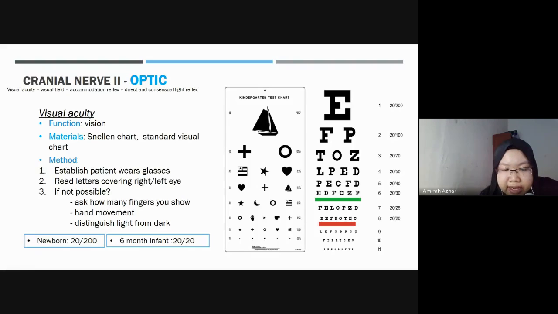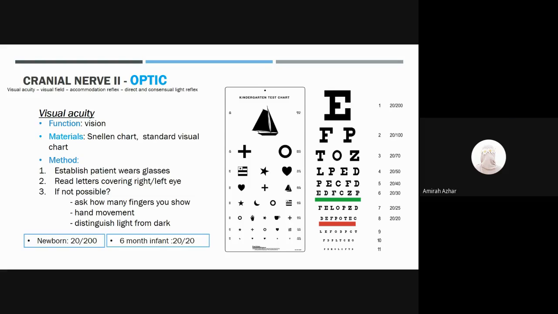To perform it, we first establish whether the patient is wearing glasses, and we ask them to read the letters, first covering their right or left eye. We ask them to read from the biggest to the smallest and assess their visual acuity. However, if this is not possible, you ask how many fingers you have on your hand.